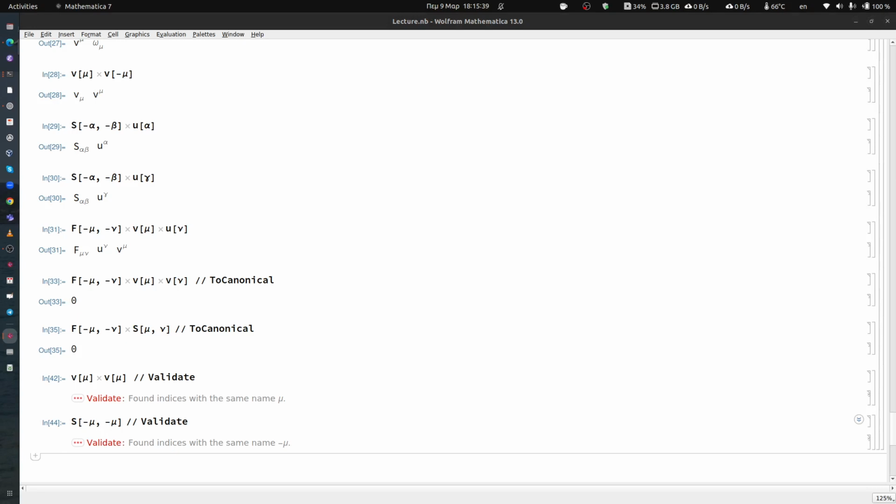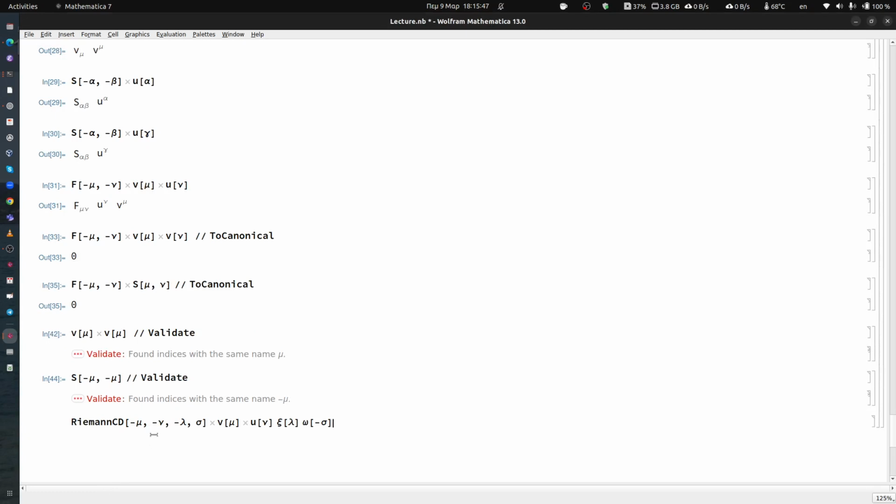So let's write as examples some more expressions. Let's use the Riemann tensor. The Riemann tensor has the name Riemann together with the name of the covariant derivative. By default, as we will describe in a follow-up video, the Riemann tensor has the first 3 indices downstairs and the last one upstairs.